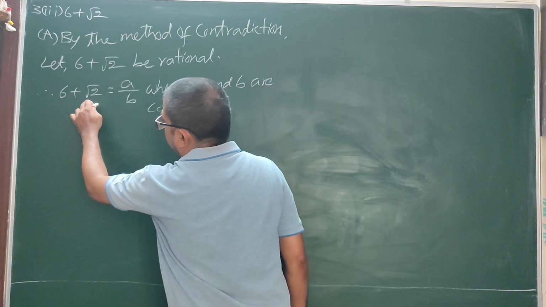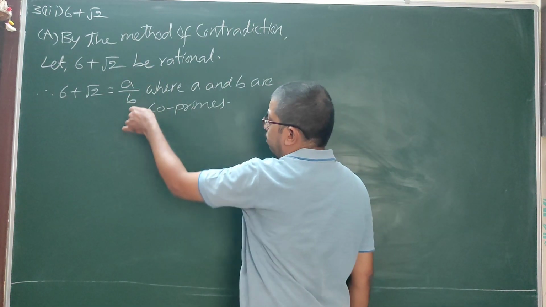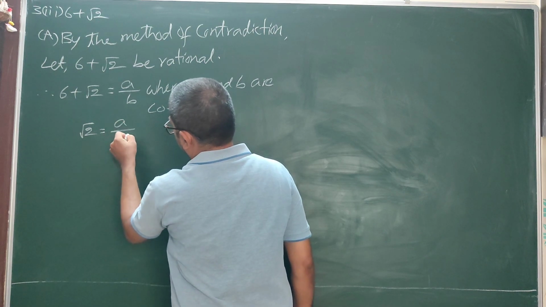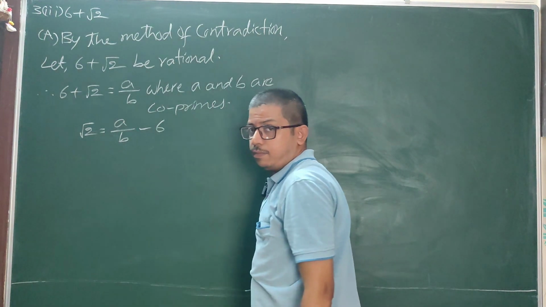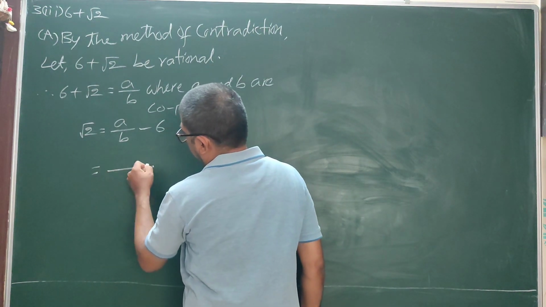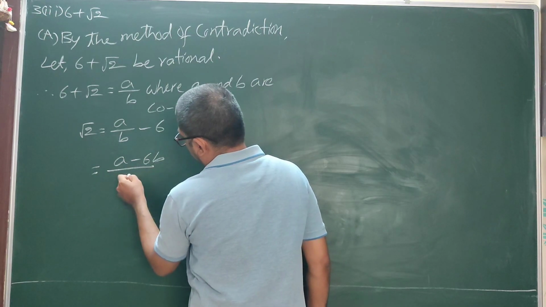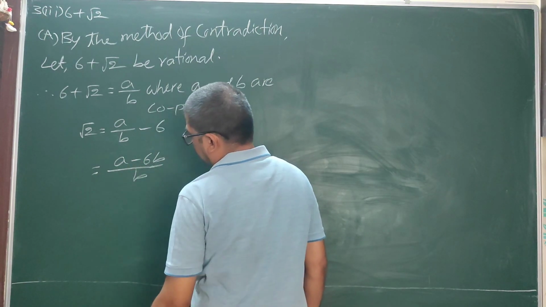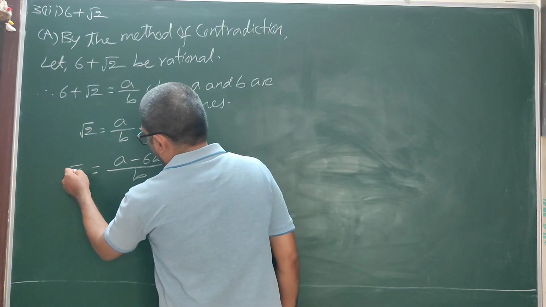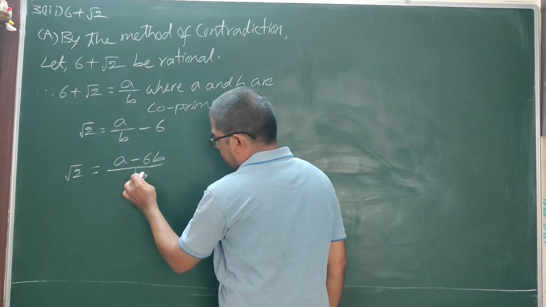Adding 6 to root 2 on the left side, if it moves to the right side, it subtracts: a by b minus 6. So root 2 equal to a by b minus 6. So here, a minus 6b by b on RHS. So root 2 can be written as a minus 6b by b.